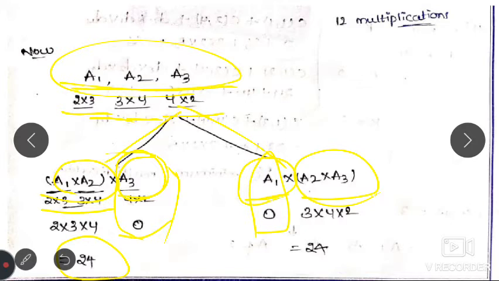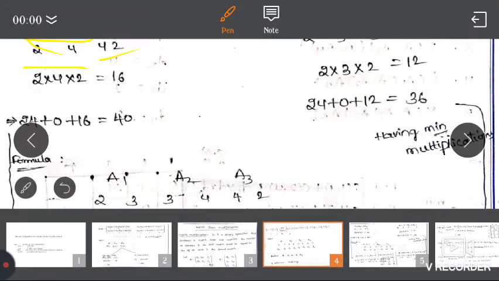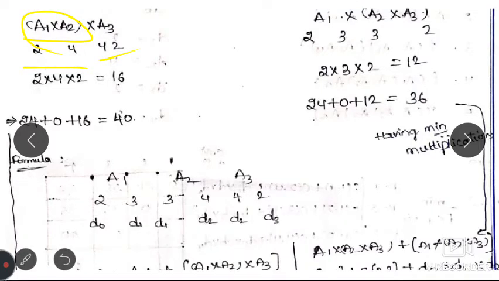Next, the result has order 2 by 4 and A3 has order 4 by 2, so the total multiplications is 2 into 4 into 2, which is 16. In the other method, A1 is a single matrix, so 0 multiplications, and A2 and A3 have orders 3 by 4 and 4 by 2, so 24 multiplications. Then A2A3 has order 3 by 2 and A1 has order 2 by 3, so the total multiplications is 12.